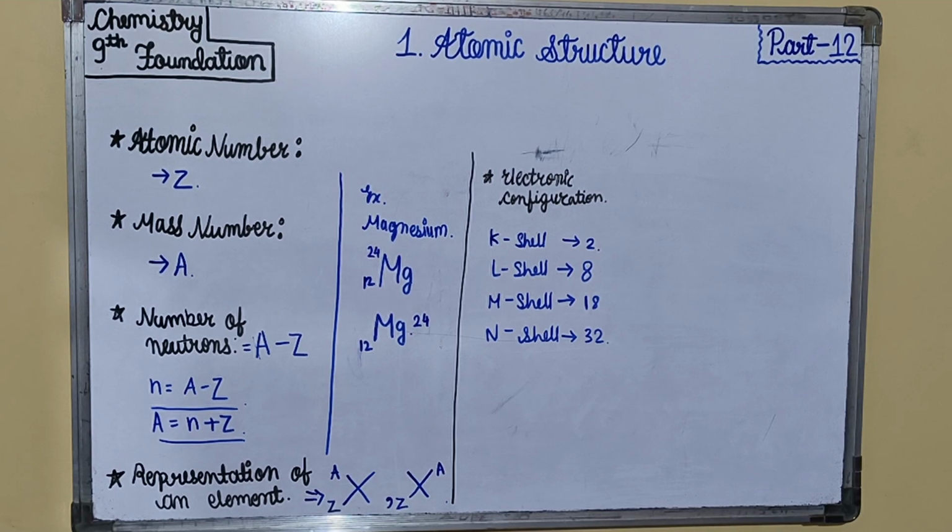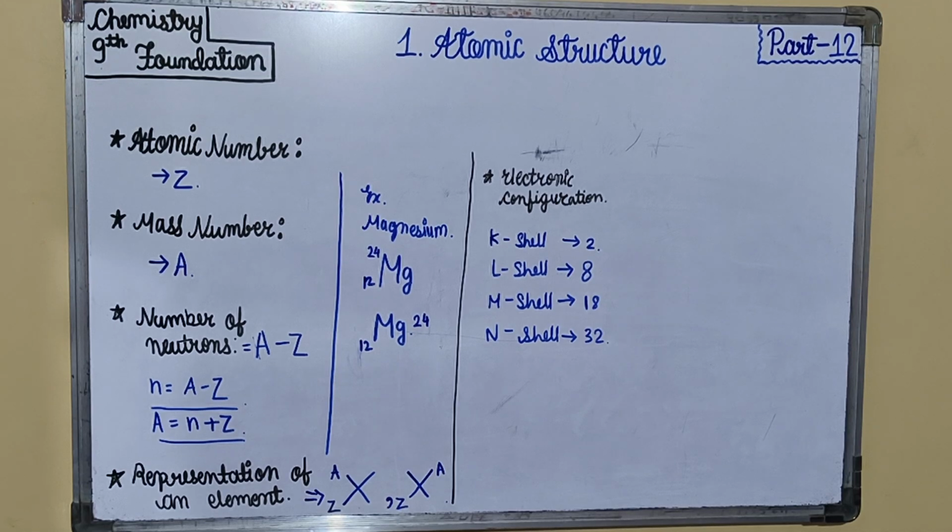Second rule: the outermost shell cannot have more than 8 electrons. A new shell is formed as soon as the outermost shell attains 8 electrons. Third rule: the penultimate shell, last but one, cannot have more than 18 electrons.